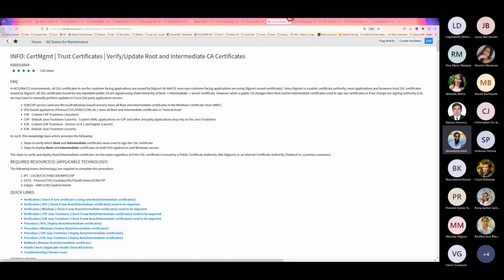So maybe I need some time to sit down and come up with a process, at least for UCCE, and that will take care of a lot of it. And if you identify some third-party applications, on a case-by-case basis we can review those and see if those teams can also take care of their piece.